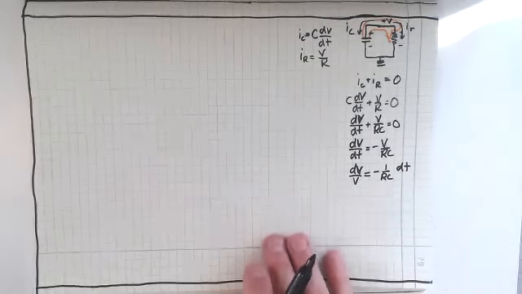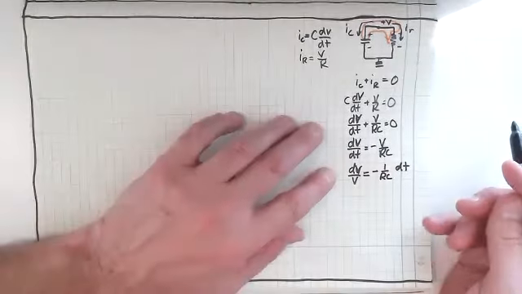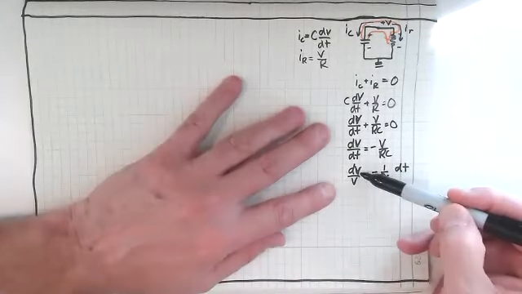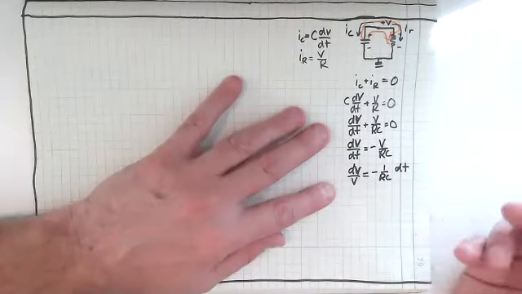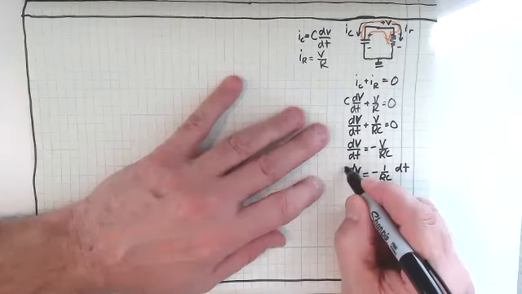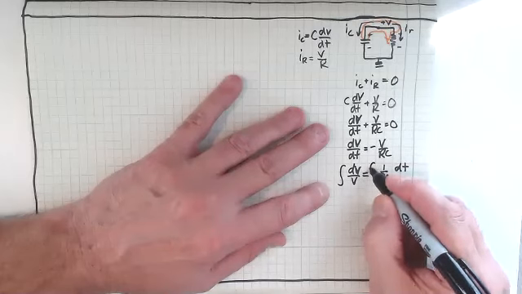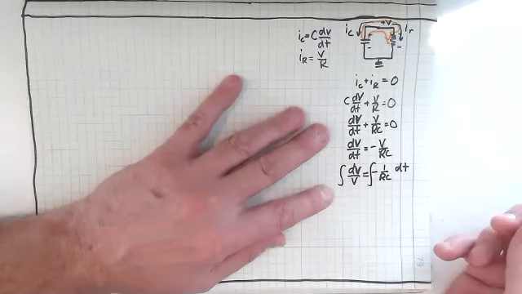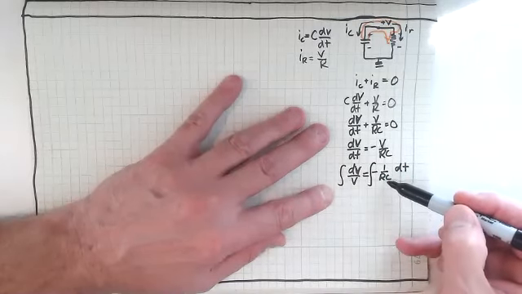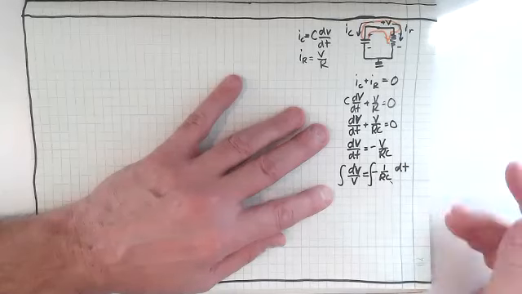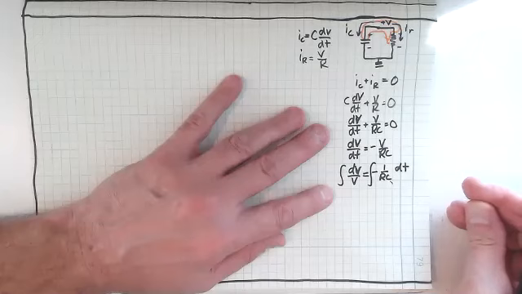That's good. I want to talk about, of course, when we do integrate this. If we integrate this with respect to v, so let's do that. I'm going to integrate this with respect to t. Now, this is just a constant, right? So I can take that outside of the integral.